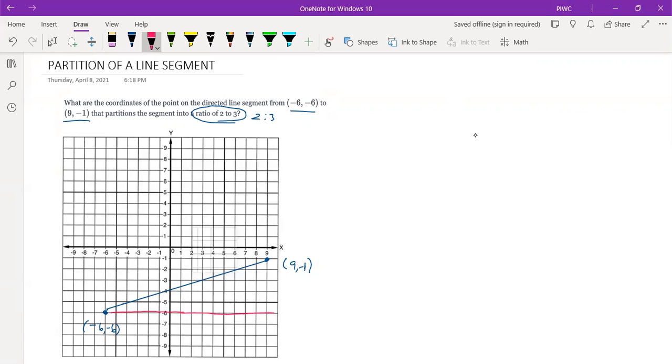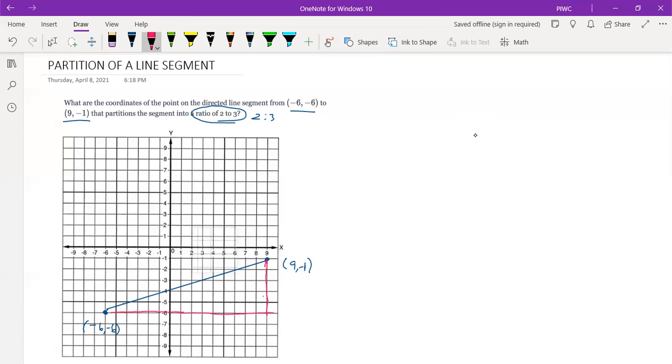And then we're also going to draw a vertical line from the points, which is -1, all the way to -6. So we'll join the two y points. Okay, so the vertical line and then horizontal line. So it's like completing the triangle for this line segment.